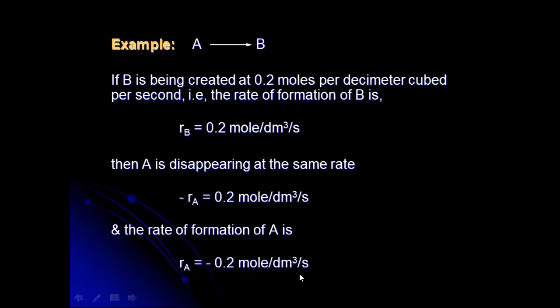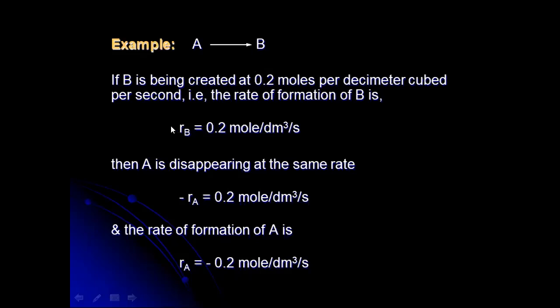Conversely, we can say that the rate of disappearance of B, so that would be negative R sub B, is equal to negative 0.2 mole per decimeter cube per second. Why negative? Because B is not disappearing. It's being formed, and we are asking for the rate of disappearance of a product.